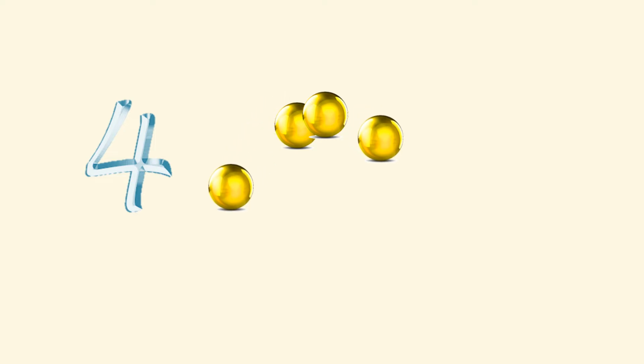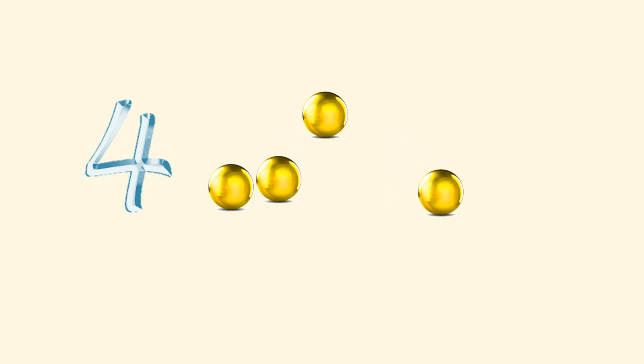Right, now have a look at this. What can you see here? There are 4 balls, isn't that so? Now I'm going to separate these 4 balls into groups of 2. Okay, now I'm separating these balls into groups of 2.